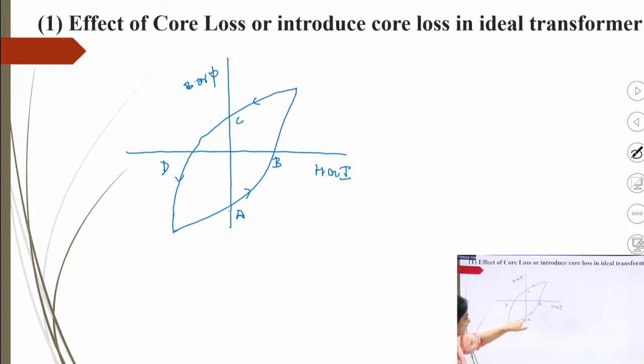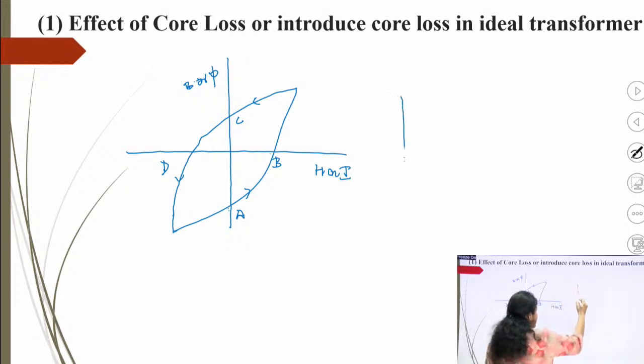At point A the current is 0, but the flux is negative, right. At point B the current is positive and the flux is negative, right.